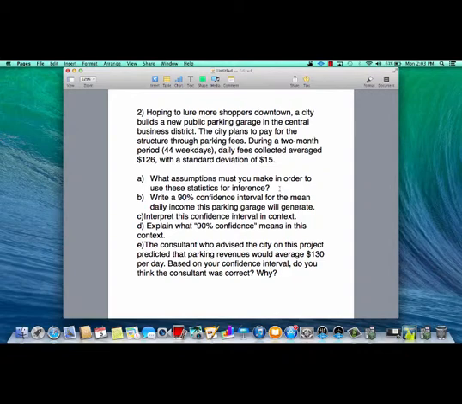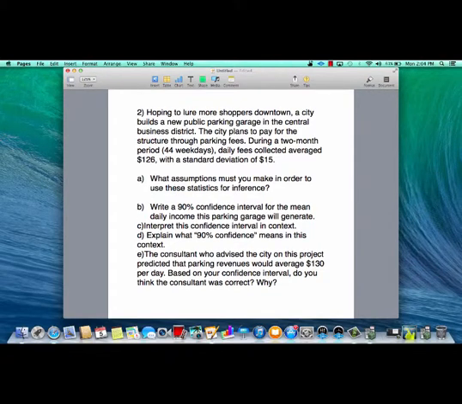What assumptions must we make in order to use these statistics for inference? Well, A, the data has to be independent. It's got to be representative of all the days.